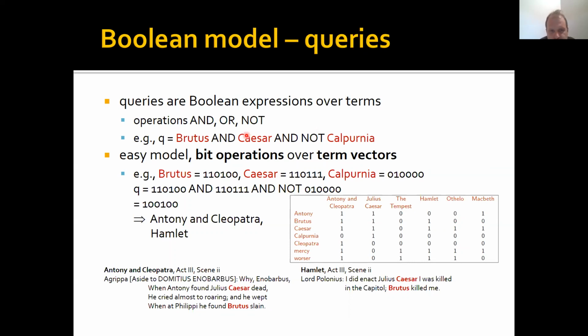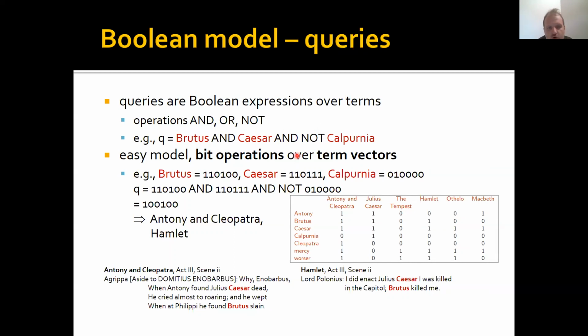And we do this for all of the documents, and only the documents that were true for the whole expression passed the query and became the query result. So this is the intuitive processing, but we can do it more efficiently.